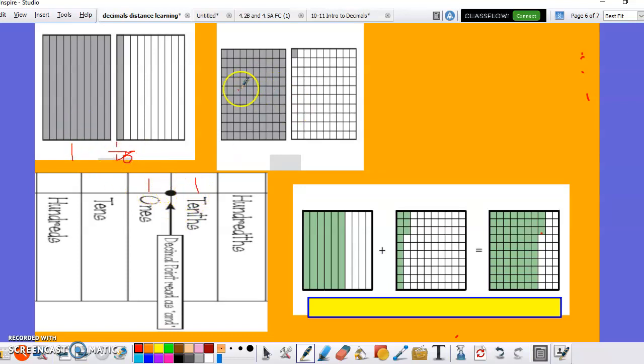And when I look here at this next one, I have my wholes. It is divided into 100 equal pieces. So I have one whole shaded, and I have 1 out of 100 shaded. So this would be 1/100.